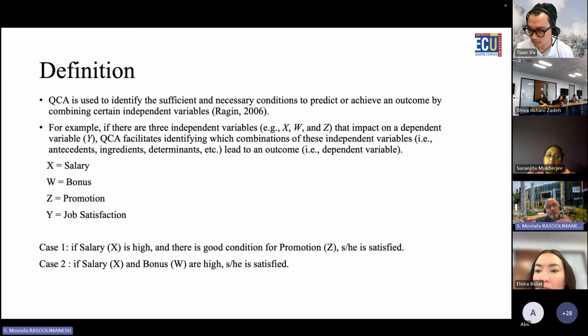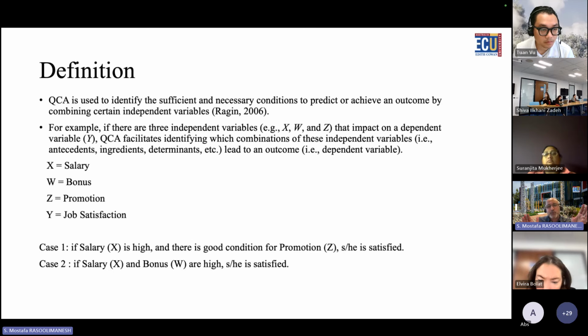We conclude that salary and promotion have a significant effect on job satisfaction, but bonus doesn't have any effect. So for the human resource strategy in this company, managers think they have to focus on salary and promotion, and they don't need to focus on bonus because the effect of bonus on job satisfaction is not significant, right?